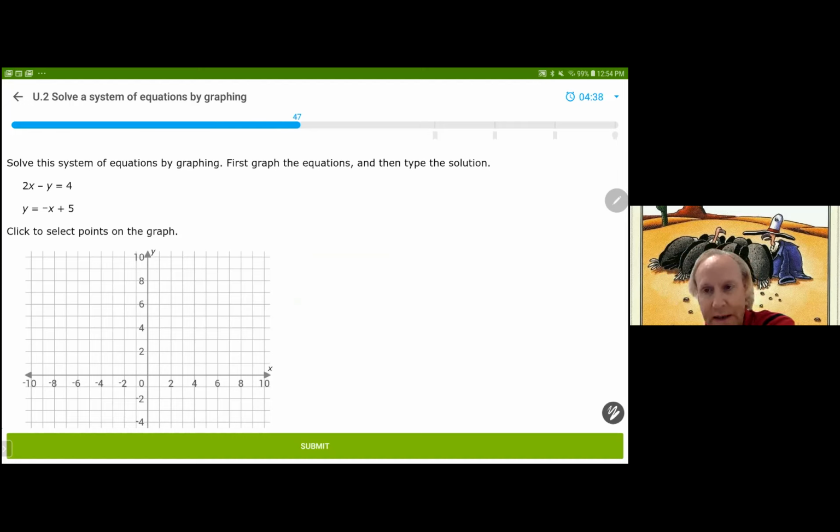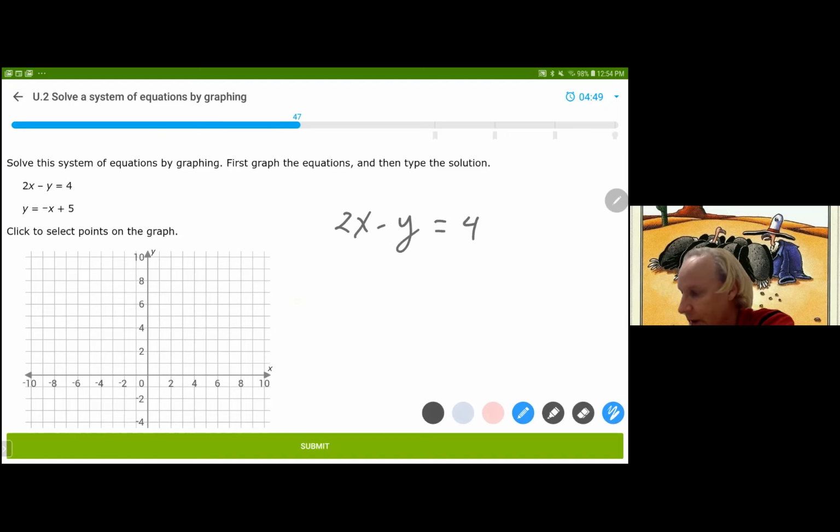Each time for these, at least to start, I'm going to go ahead and graph this: 2x minus y equals 4. Most people are going to be tempted to solve for y, and you certainly can do that. You subtract the 2x from both sides and change the sign, so you get negative y equals negative 2x plus 4.